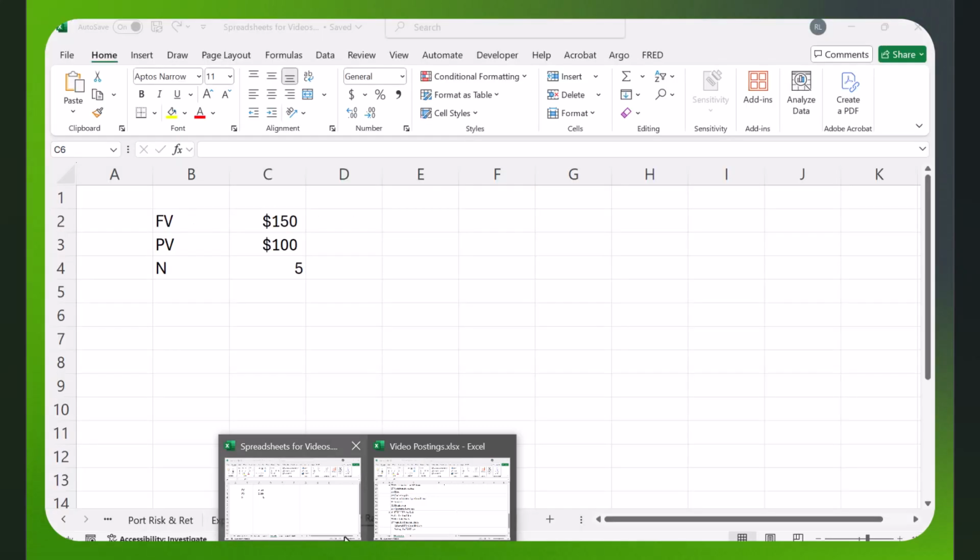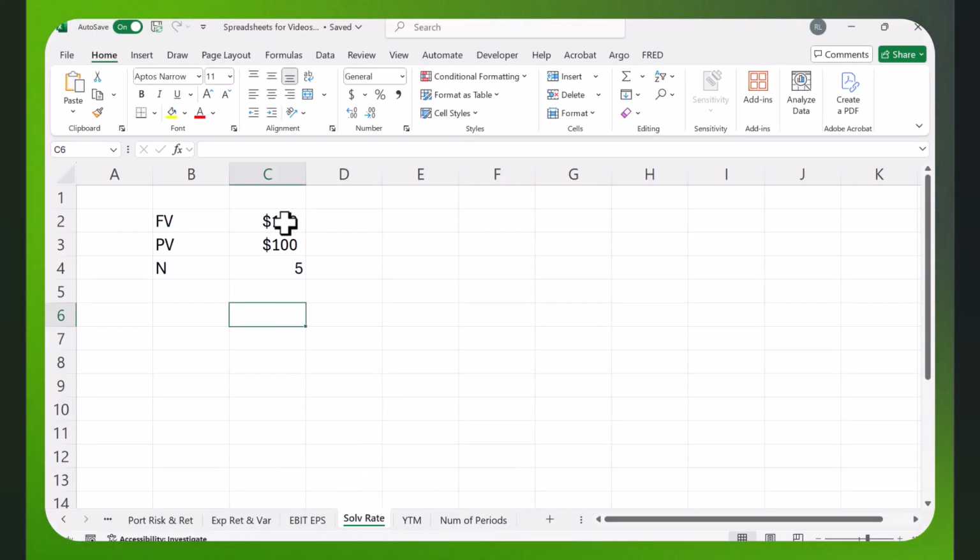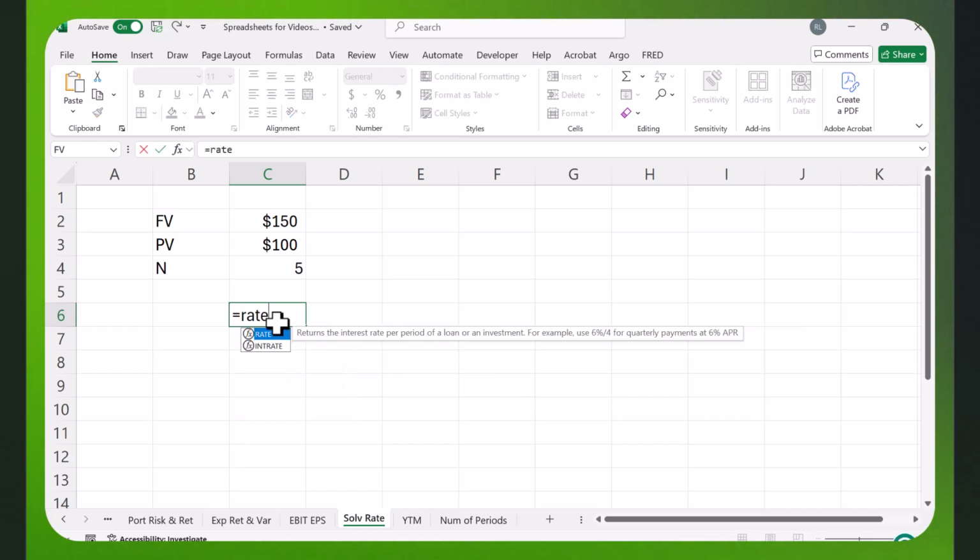So let's see if we can do that in Excel. I've put these numbers in here, and I'm going to do this equals rate. If you've used Excel before, you have to start with an equal sign. If you don't start with the equal sign, it's going to think you're typing a title or a label. When you put the equal sign in, you're telling it you want a calculation.